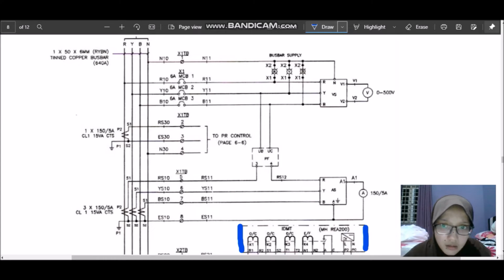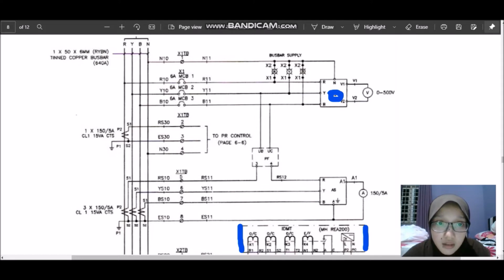The last layer is connected with the ammeter selector and voltage selector. In the bus bar we have four lines: R, Y, B and neutral.